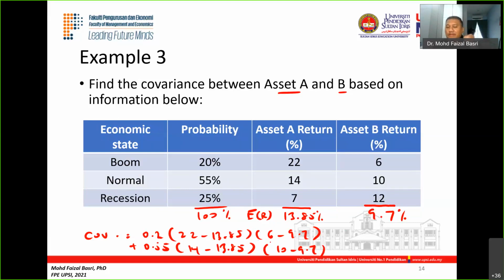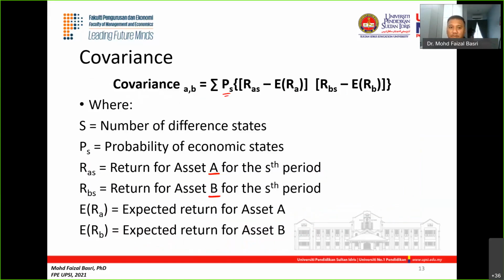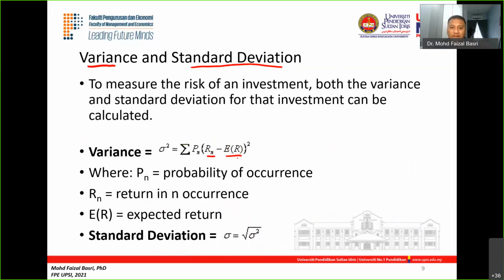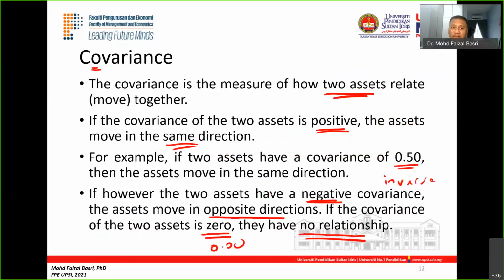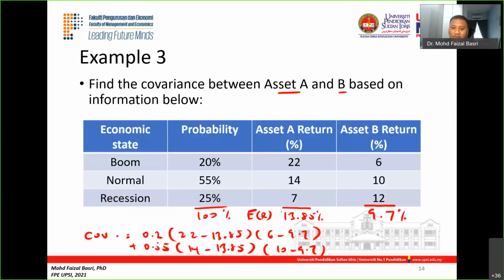When we did the variance earlier, we squared the differences. The reason why we square is because we don't want variance to be negative. If we have a negative value in the bracket, when we square, we get a positive value. But for covariance, we will not square it because there's a possibility of negative values.